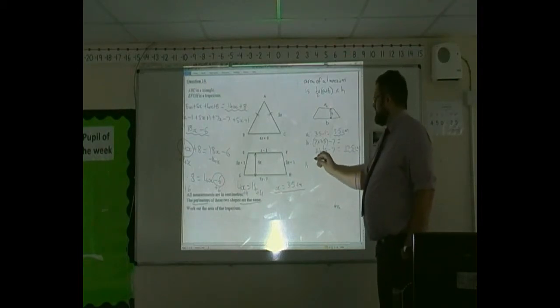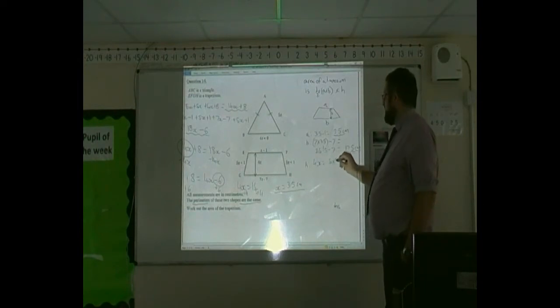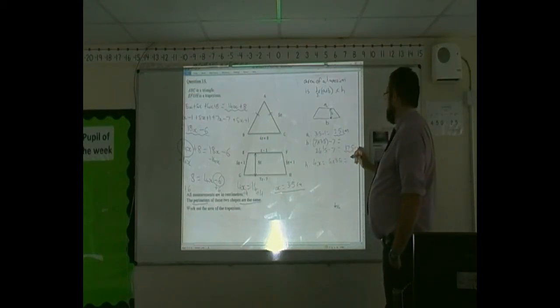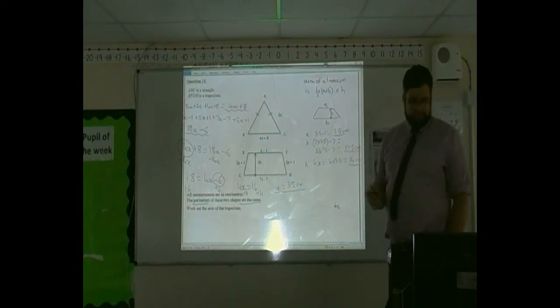h, we're told, is 4x, which is going to be 4 times by 3.5, which gives me 4 times 3 is 12, 4 times a half is 2, which together gives me 14 centimetres.